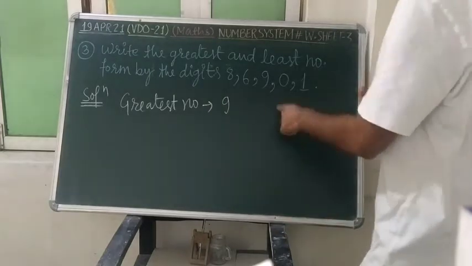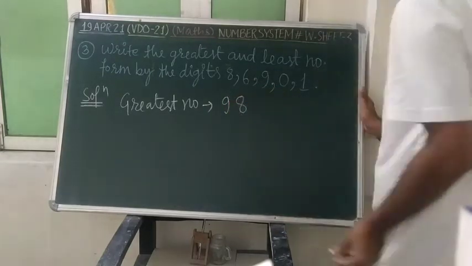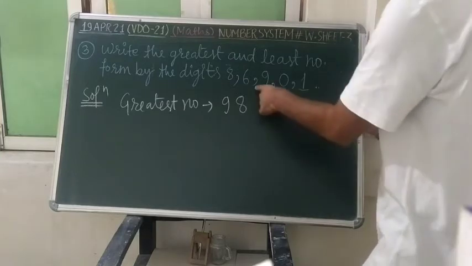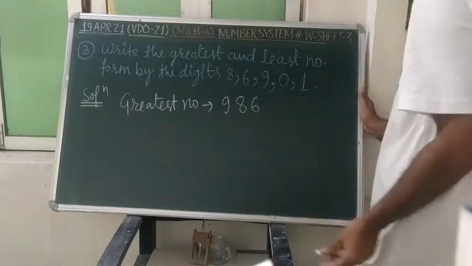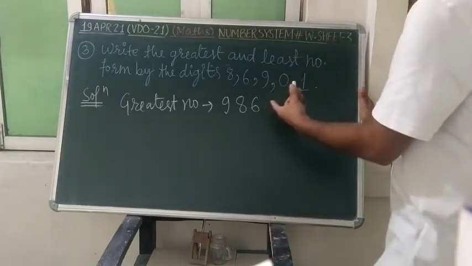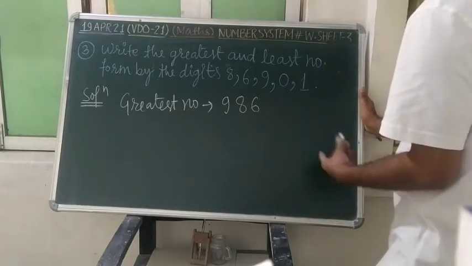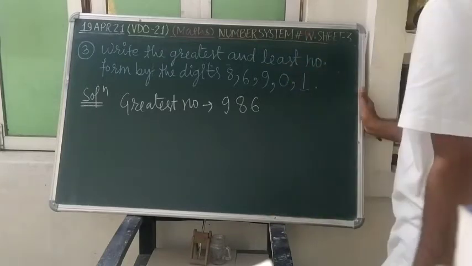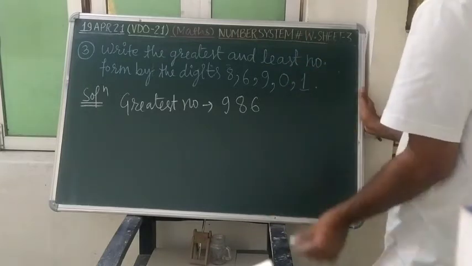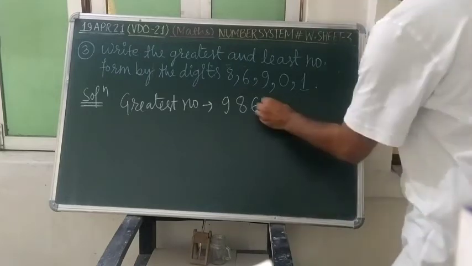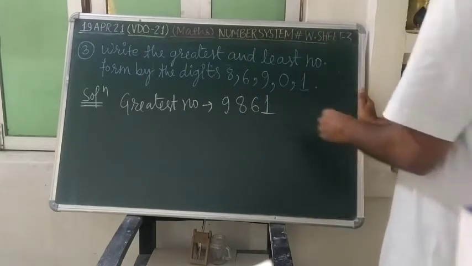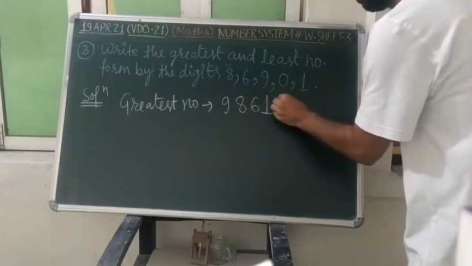Then after 9, 8 is present, 7 is not present. After that 6 is here. Then 5, 4, 3 and 2 are not present here. 1 is present here. After 1, 0 is present.